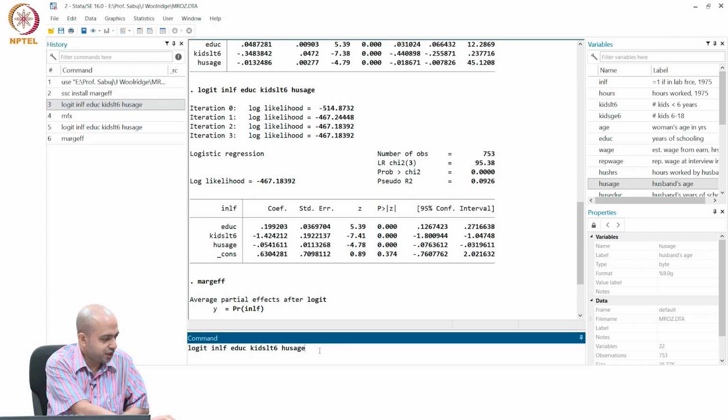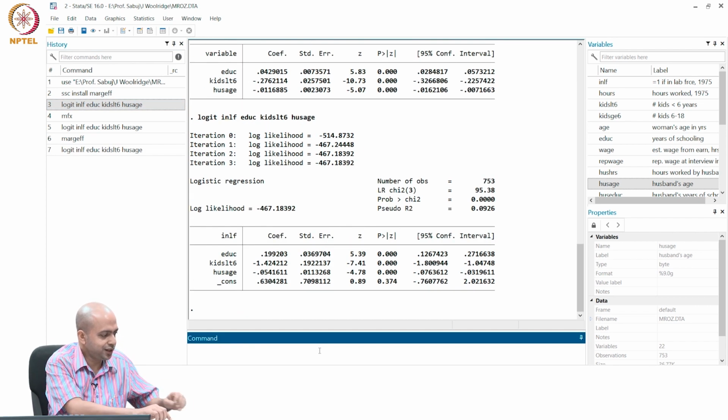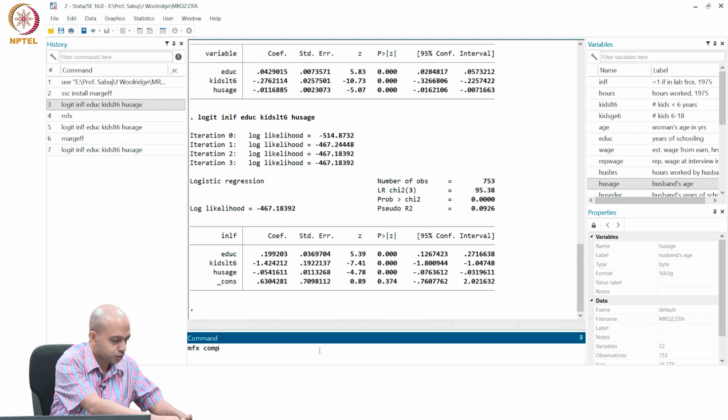Suppose you estimate this logit model, and then you put this command: mfx compute, at kids lt 6 equals to 0.